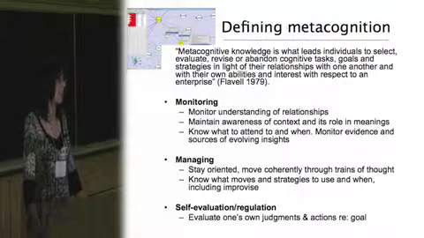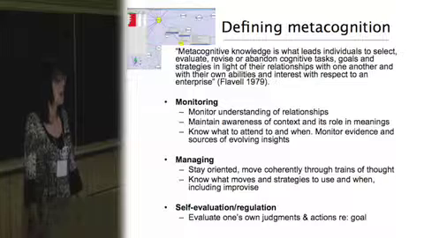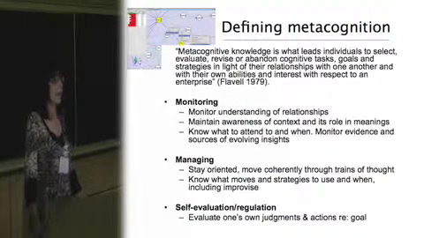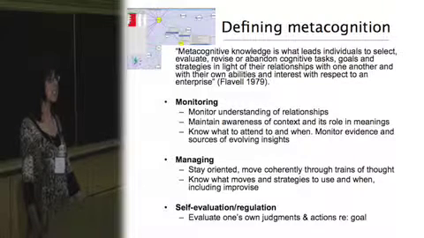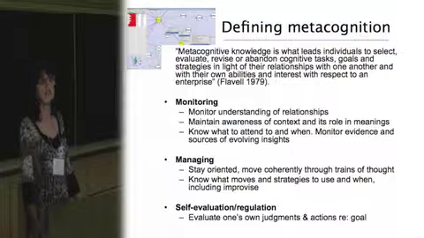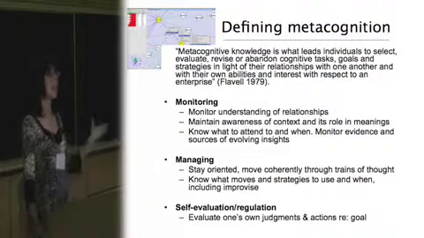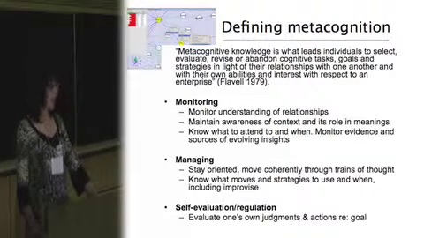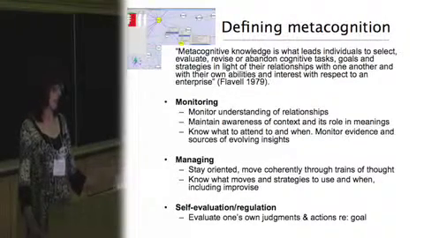Basically, it's people's ways of monitoring, managing, evaluating, and regulating their own work as they're going. They monitor understanding of relationships, they maintain an awareness of the context that gives things meaning, they know what to attend to and when, they stay oriented, they know what moves and strategies to use and when, and they also evaluate their own judgments as they go.